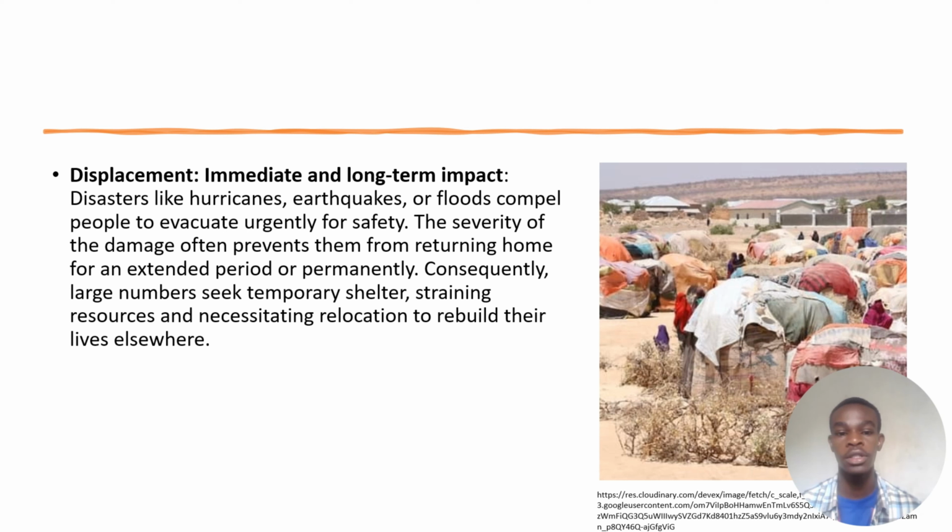Consequently, a large number seek temporary shelters, straining resources and necessities, or relocate to rebuild their lives elsewhere. When people migrate or are displaced, they can be displaced permanently or find short-term shelter where they can live and then come back after the resolution of the disaster. These are the immediate or long-term impacts of disaster migration on displacement.